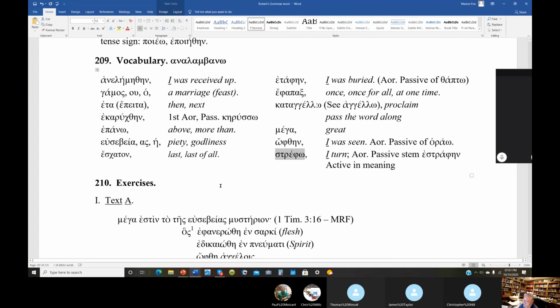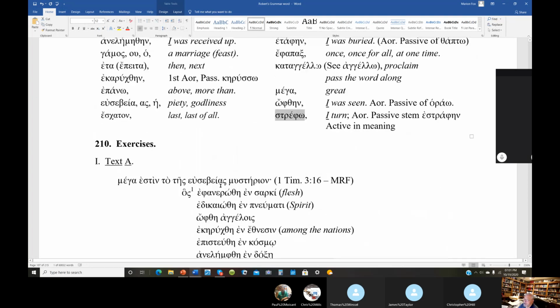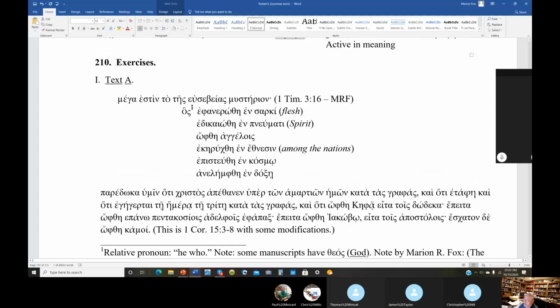All right. Now, did you get into any of the translations at all? Anybody? Yes. All right. Did I talk about the textual variant here last week? Yes, sir. Okay. So what we've got is two different texts. One reads he who, and the other one reads God.